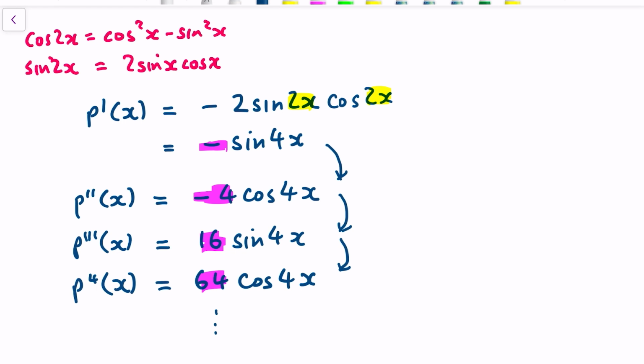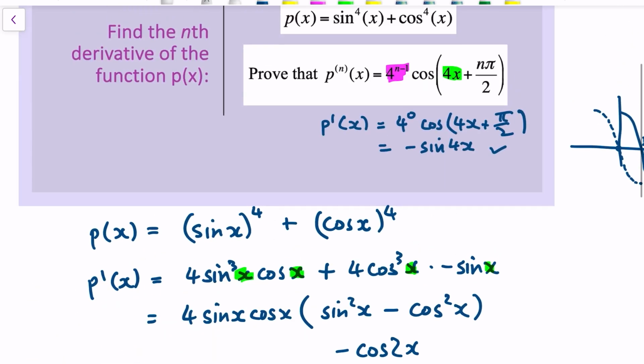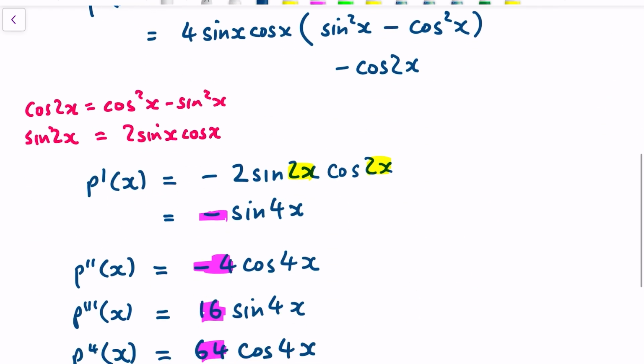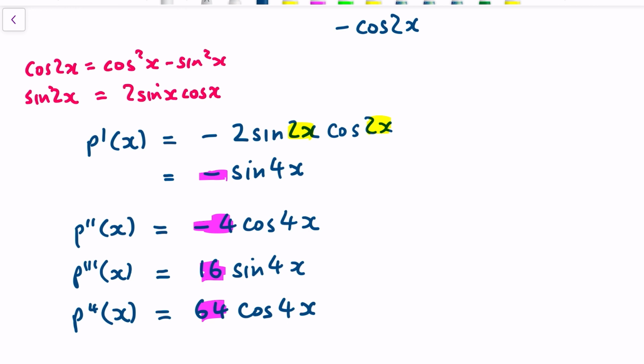But to be a bit more convincing, all of them need to be written as a cosine. So the first one, negative sine of 4x, I need to write that as 4 to the 0 cosine of 4x plus pi over 2.